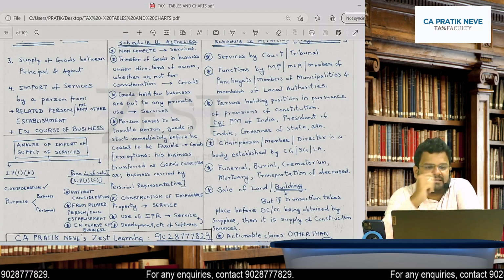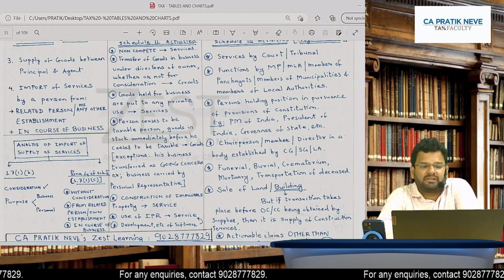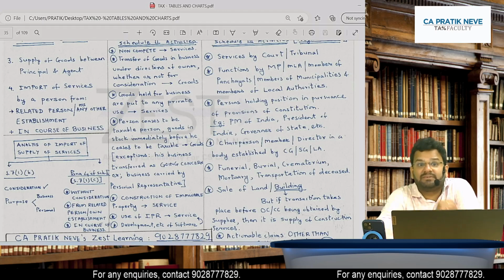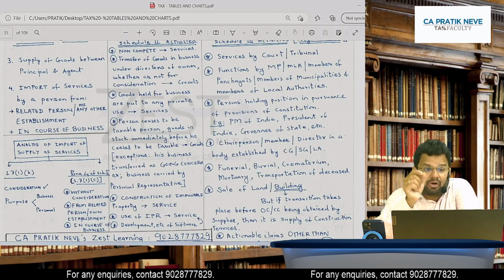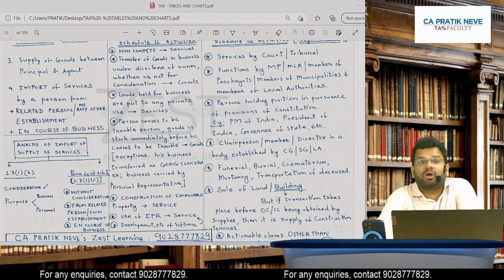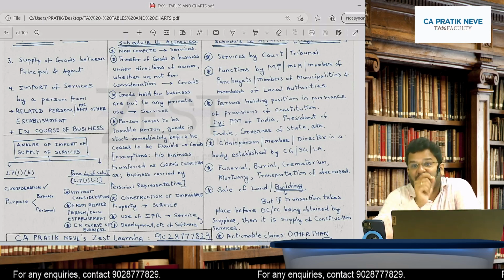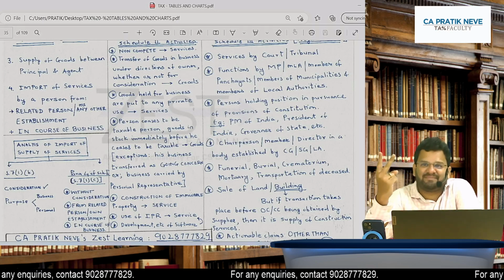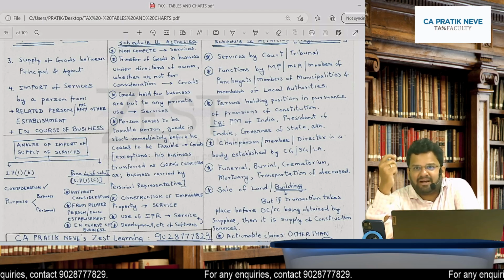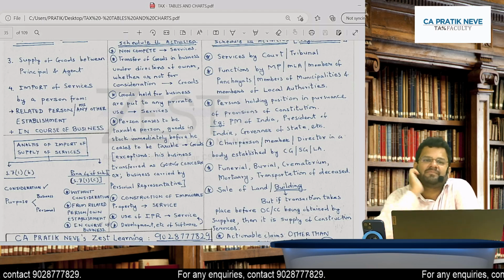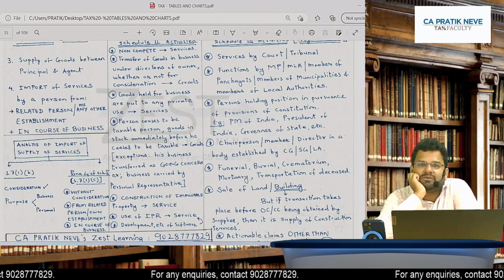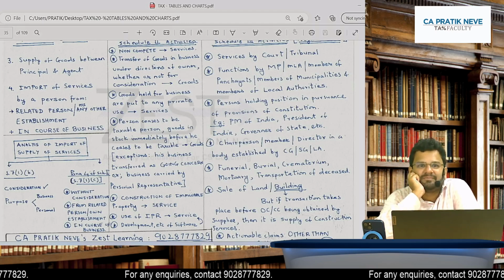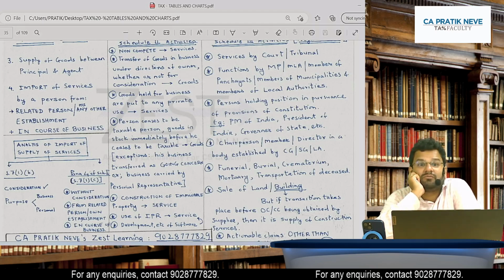And lastly, import of services by a person. It's a very critical point. I am talking about import of services for the second time. First time I was talking in clause B, where it was saying import of services for consideration, whether or not in course or furtherance of business.